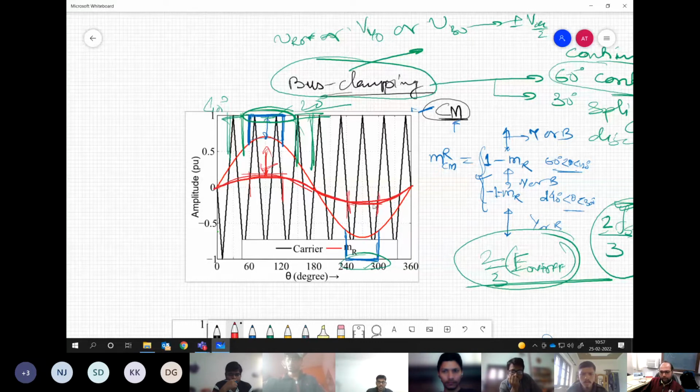So whenever current is high during the middle of the half cycle, the 60-degree clamp or continuous clamp is preferred because higher current results in higher switching losses. If we are clamping during this, we are effectively avoiding a lot of switching losses.